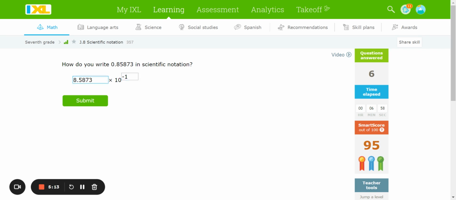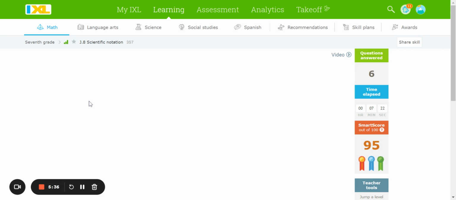Or no, sorry, I had to jump it to the right. The number that I started out with had a decimal, and I had to jump it in the opposite direction. So my exponent is going to be a -1. Because when I jump my decimal from here, from my -1, I'm going to be jumping it to the left in order to get 0.857 instead of here.